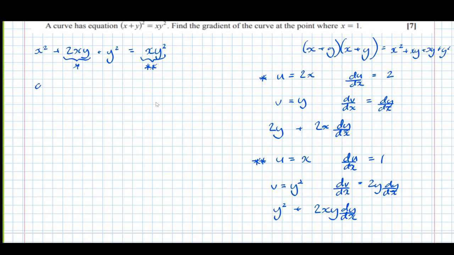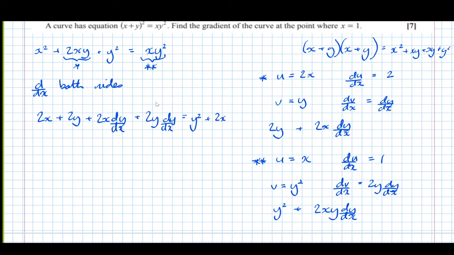So that's now d/dx of both sides. So 2x plus the differential we worked out with a single asterisk, 2y plus 2x dy/dx, plus then differentiate y squared becomes 2y dy/dx, equals the differential of that, which is y squared plus 2xy dy/dx.